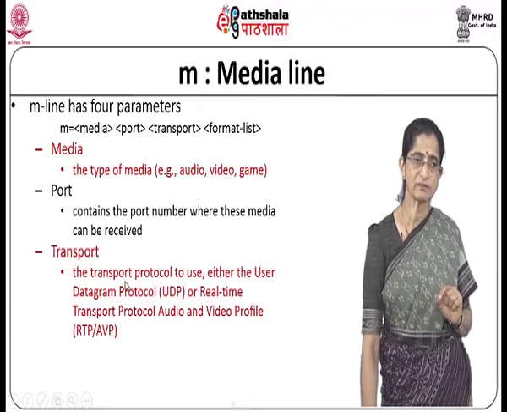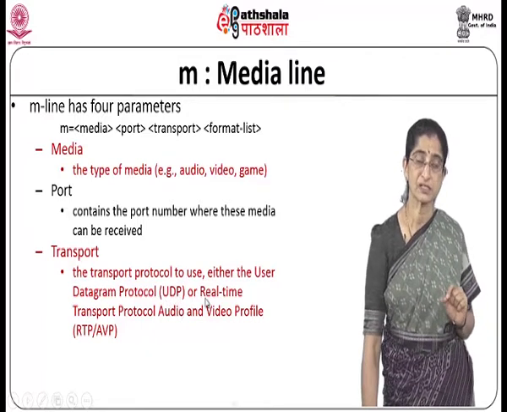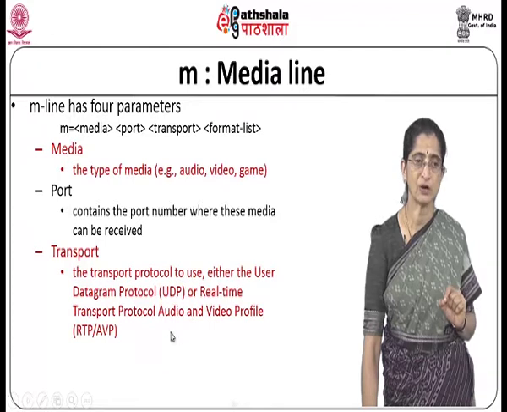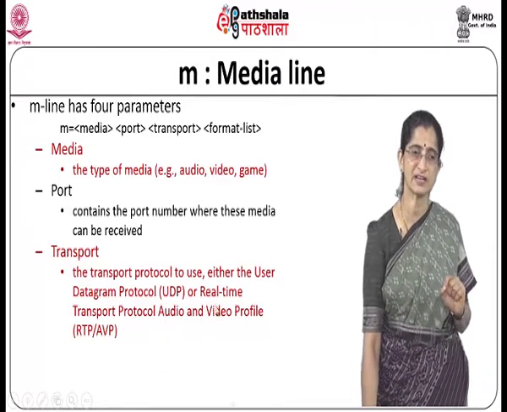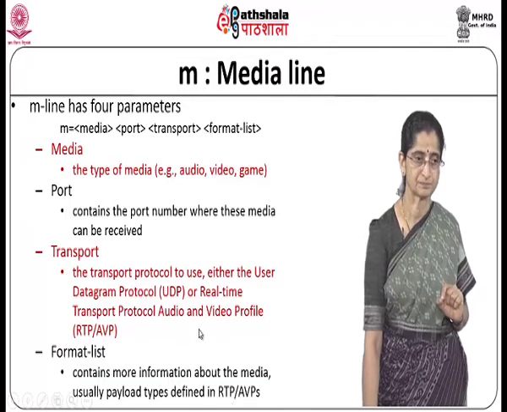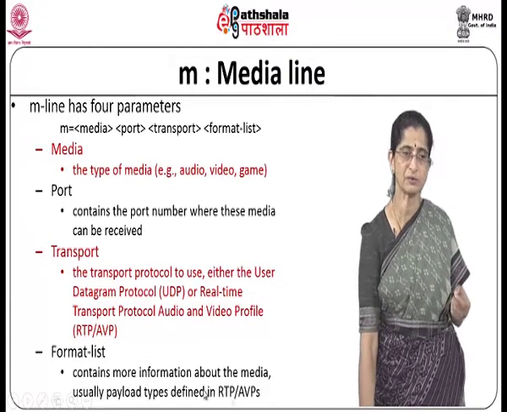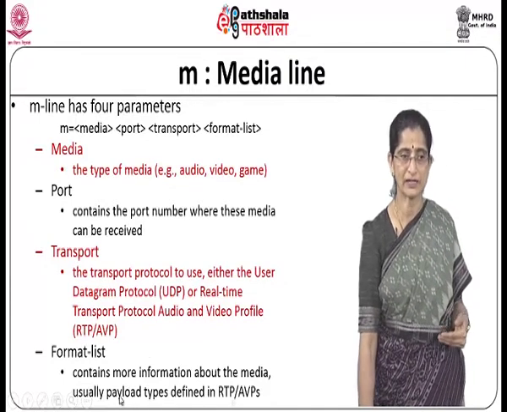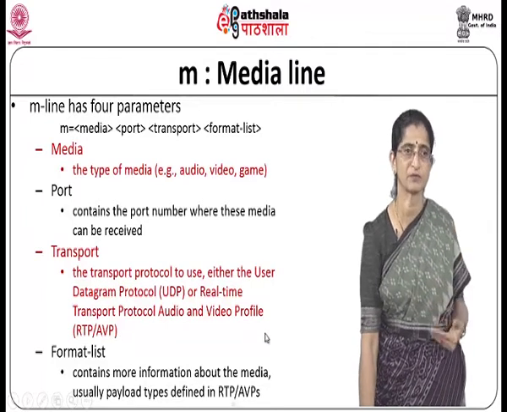The transport information will specify what transport protocol is being used, whether it is UDP or whether it is RTP that is being used with audio video profile. So RTP/AVP indicates that you will be using real time transport protocol with audio and video profile. And format list will contain more information about the media, usually some kind of payload types which are defined in the RTP and AVPs. So that is the kind of information you will find in the media line.